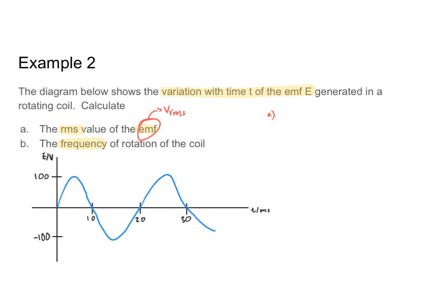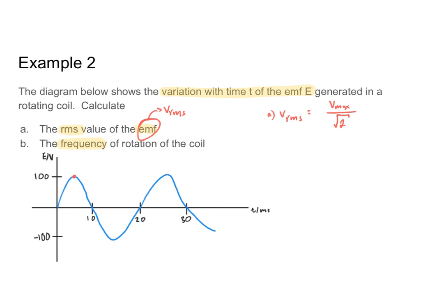And for this, we are going to use the equation VRMS equals Vmax over the square root of 2, and we can read our maximum voltage from the graph.